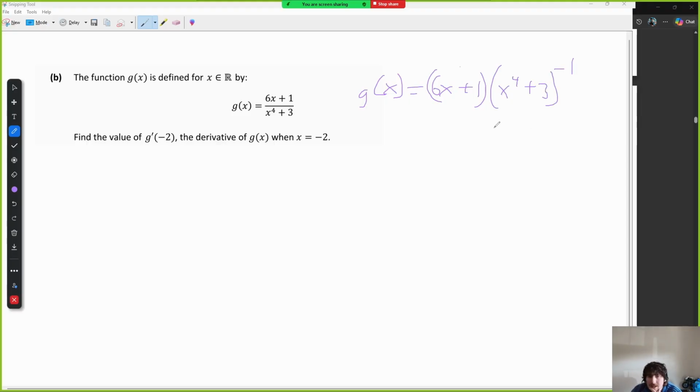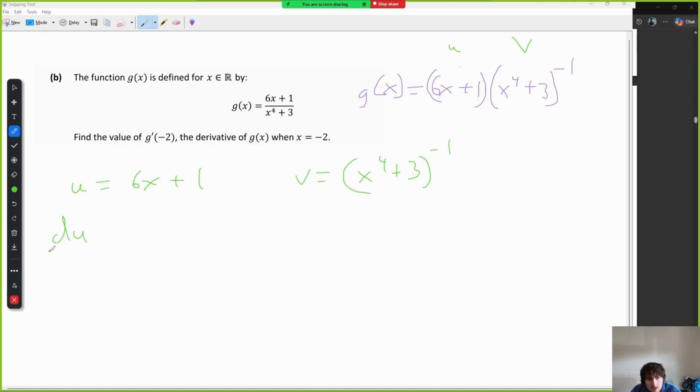So you can just bring the thing on the bottom up and call it to the power of -1, and then you just make a product rule out of this, where this is your u and this is your v. Okay. So then just tell the examiner u is 6x plus 1, v is x to the 4 plus 3, to the power of -1.